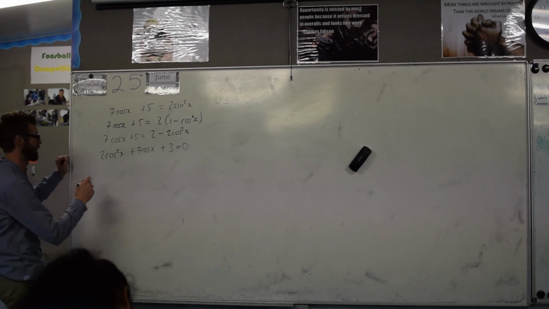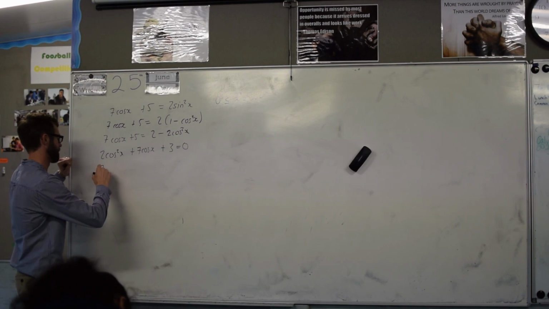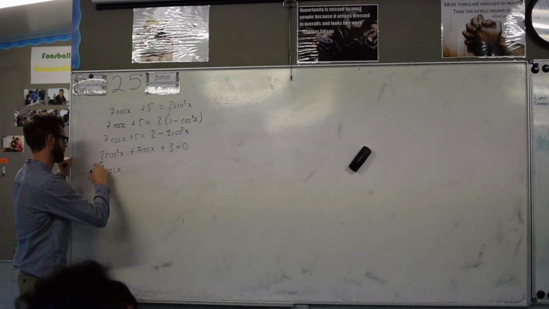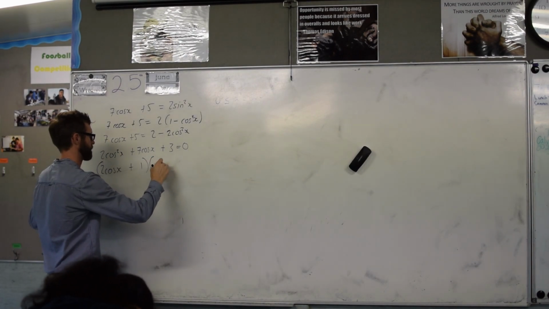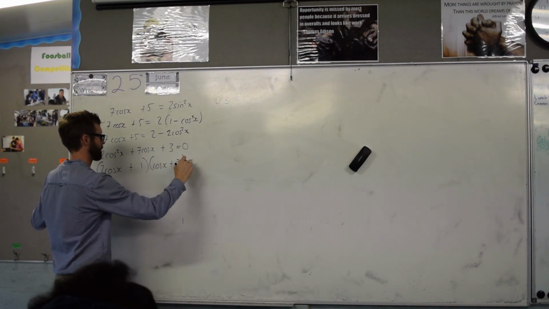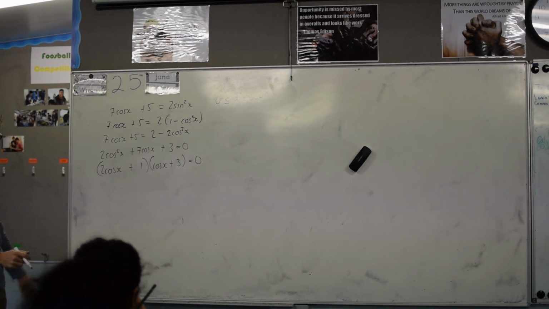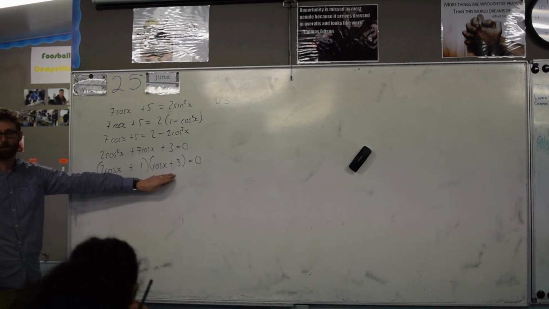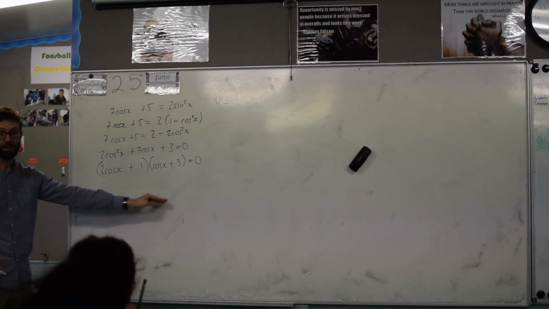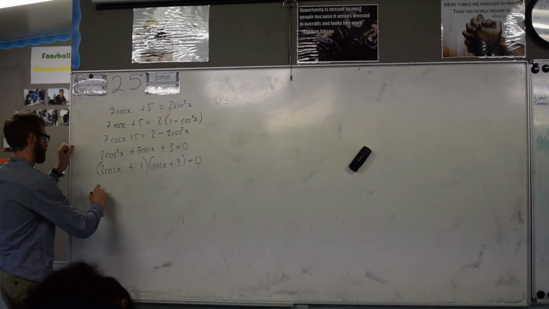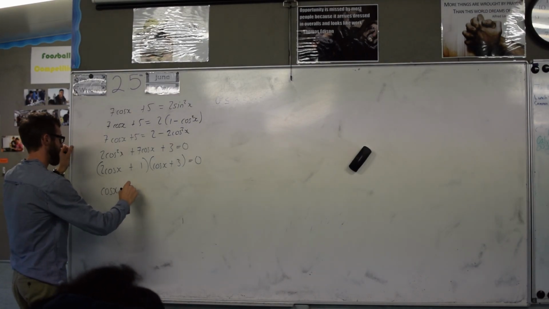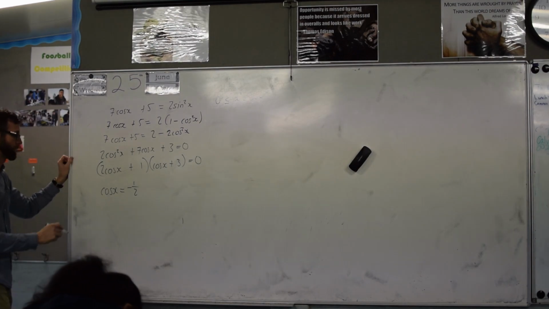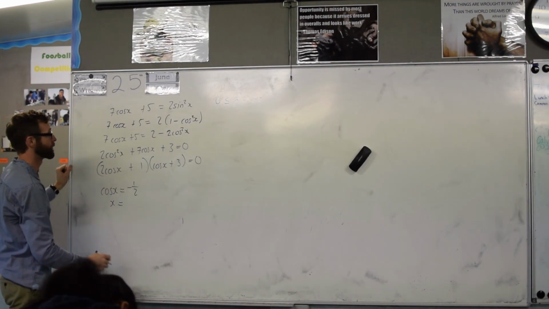Yes, we can. 2 cosine x plus 1 and then cosine x plus 3. Straight away you know there's going to be no result for the second, because cosine x equals minus 3 is undefined, so we're just going to work with this one here. Cosine x equals minus 1/2.